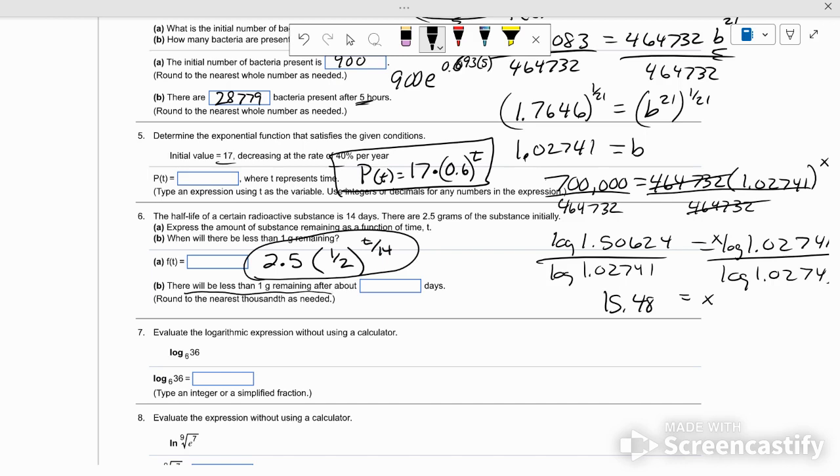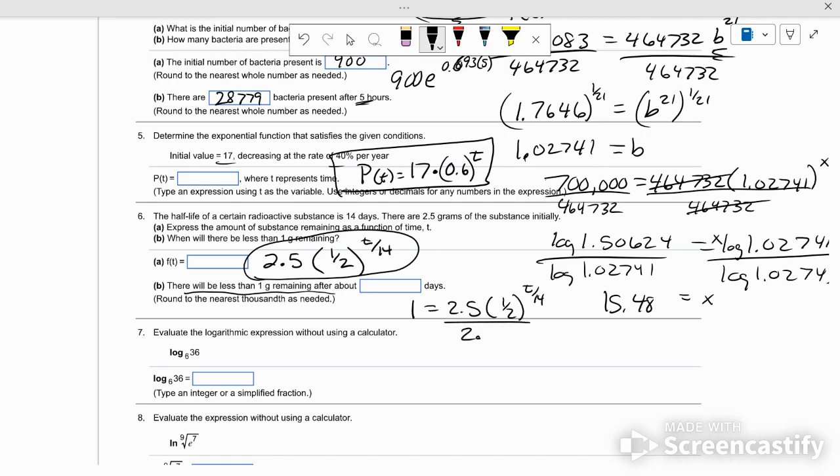There will be 1 gram remaining after how many days? So to figure that out, we set 1 equal to 2.5 times 1/2 to the t over 14 power. So before we log each side, what should we do?